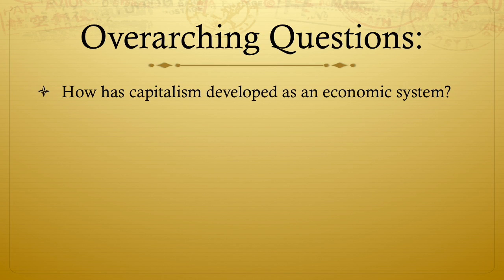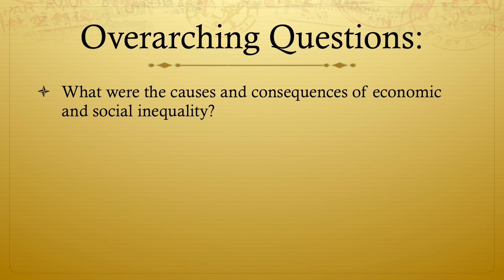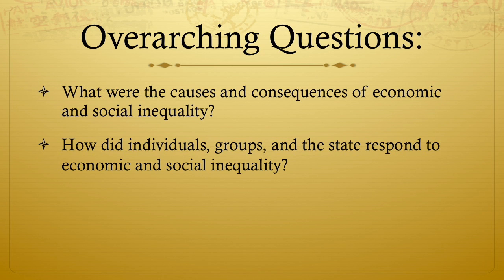How has capitalism developed as an economic system? How has the organization of society changed as a result of or in response to the development and spread of capitalism? What were the causes and consequences of economic and social inequality? And finally, how did individuals, groups, and the state respond to economic and social inequality?